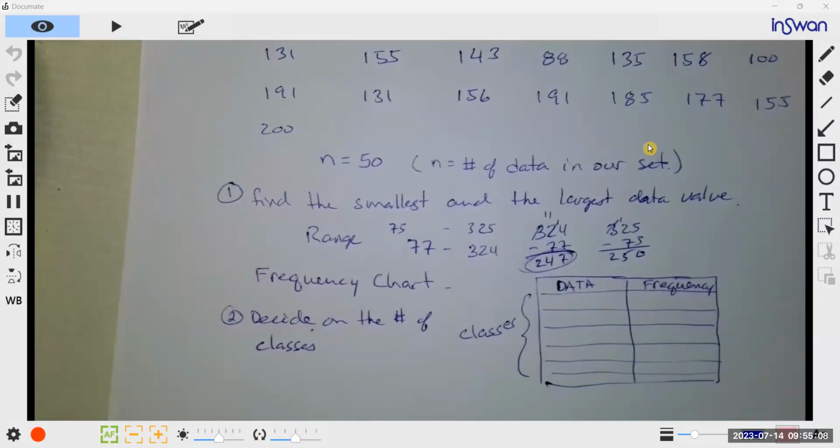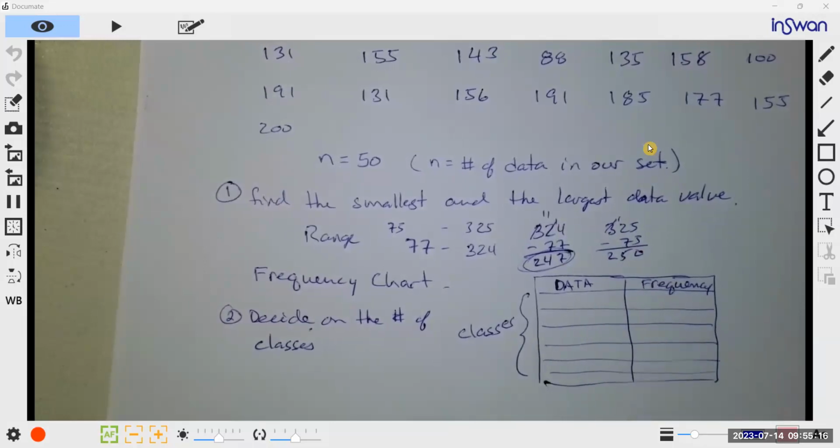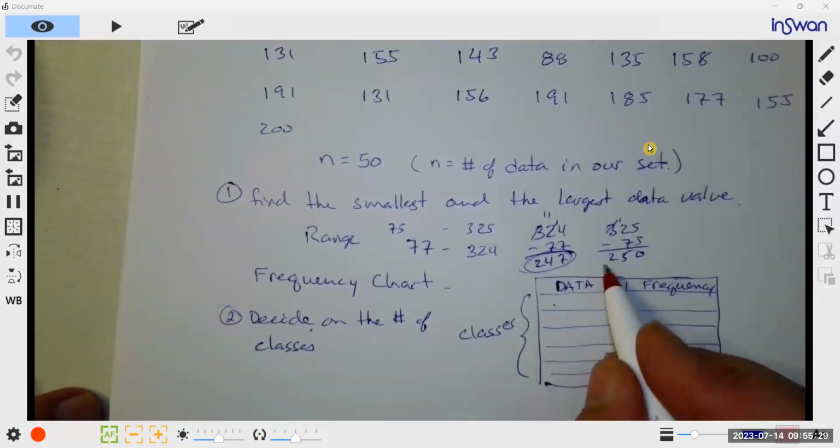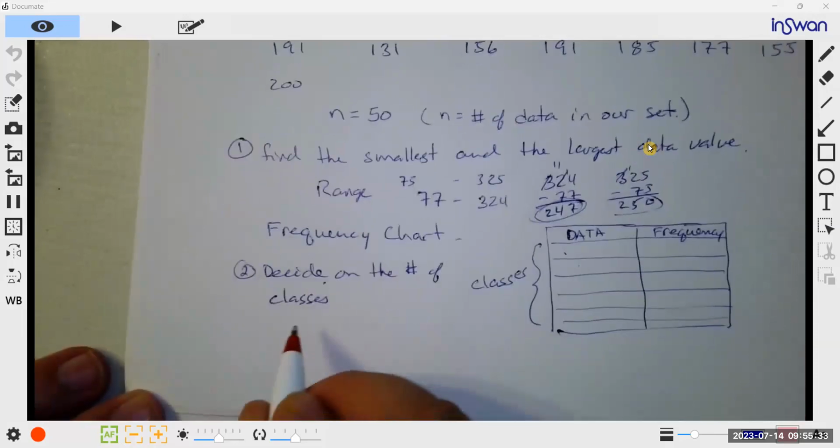That's the only real part that you have any say in. If you make the classes too small, you have a lot of lines. If each class is very wide, you'll have too few of them, and it won't be an accurate representation of what you're looking at. So as a ballpark for this one, since it's 250, we could say we want 5 classes.